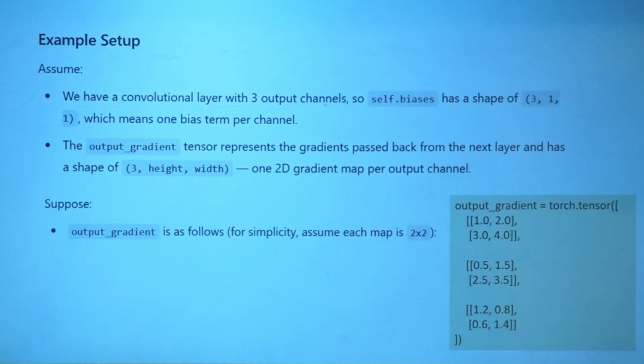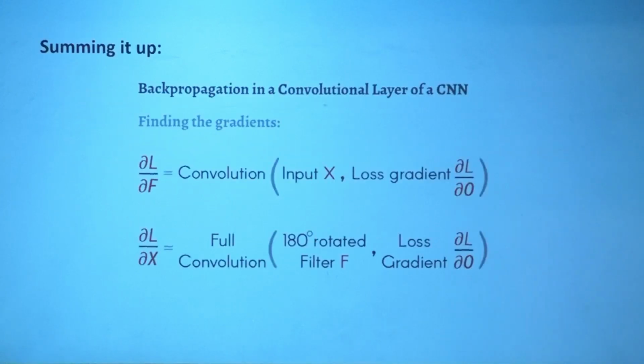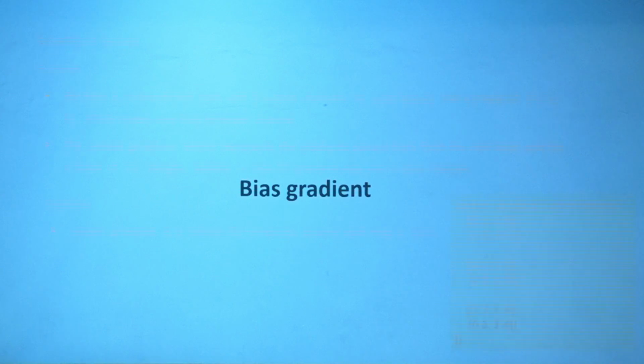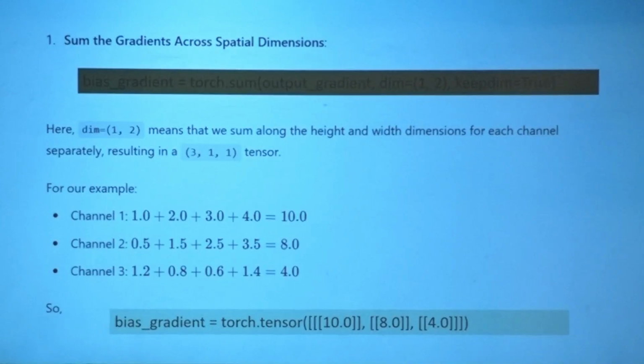So what is the logic for calculating the biases? The first step is to sum the gradients across the spatial dimensions. I intentionally made that cell invisible, darkened it, because I am expecting you to write this line of code.